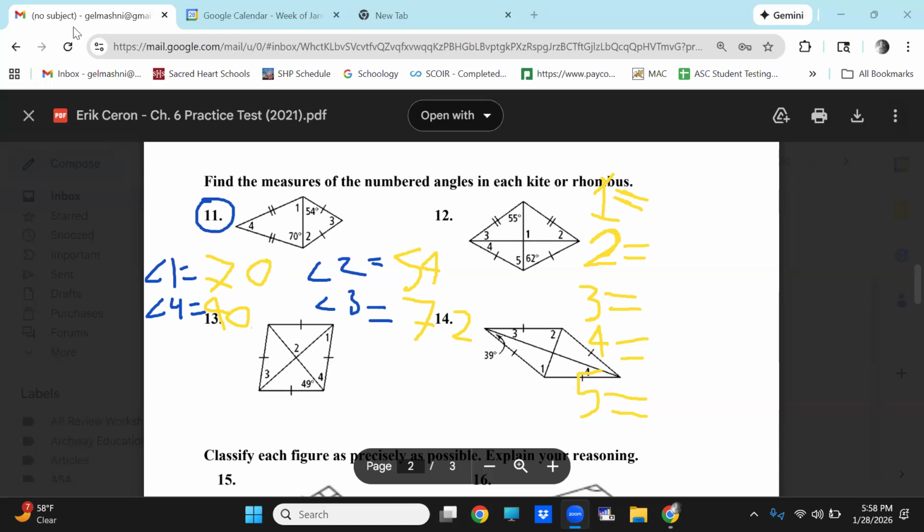So then 5 would be 62. Oh wait, no. Then that would be 55 as well. Doesn't really help me. Oh wait, 3 would be 55. So then 2 would also be 55.